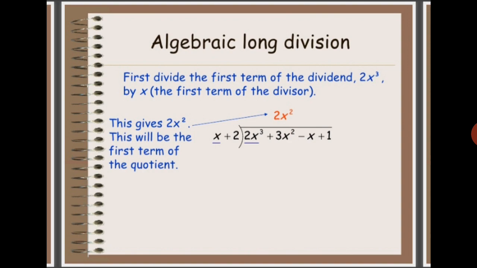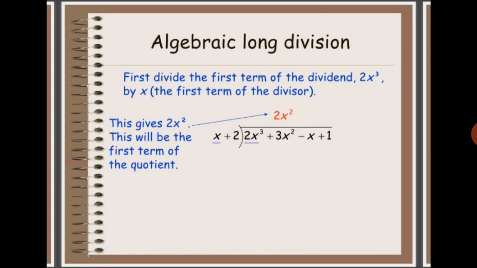Then it is x square, that is raised to power 2. Then x raised to power 1. And then finally it is plus 1, that is x raised to power 0. So the dividend is written in the decreasing order of their degrees, decreasing order of their exponents.